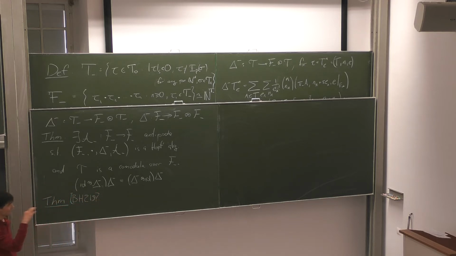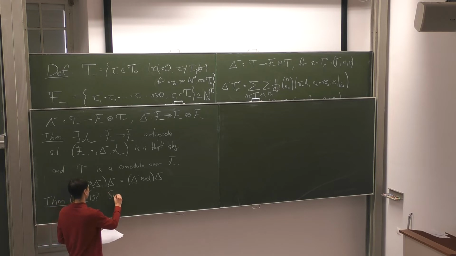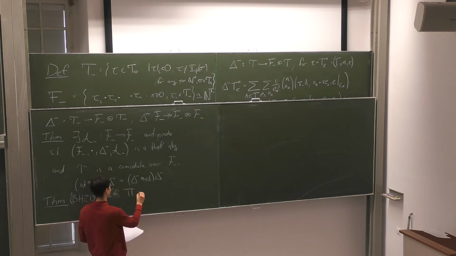Now the main theorem about how this all interacts with the models. This is one of the main results in Lorenzo's paper. Suppose you have a pre-model, capital pi.